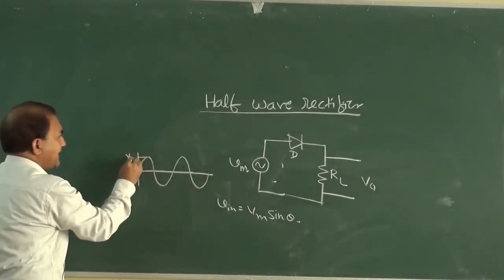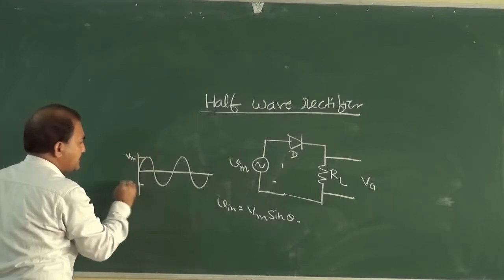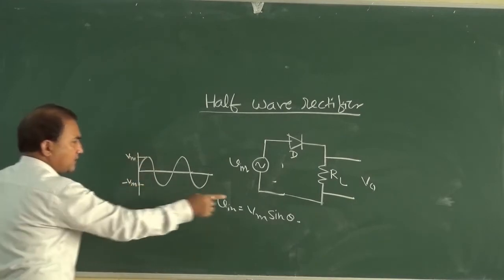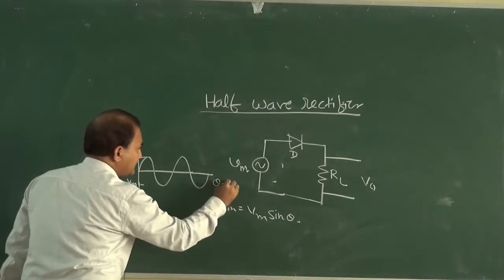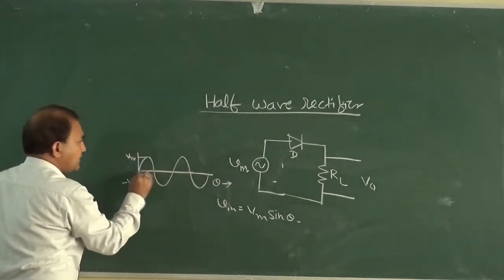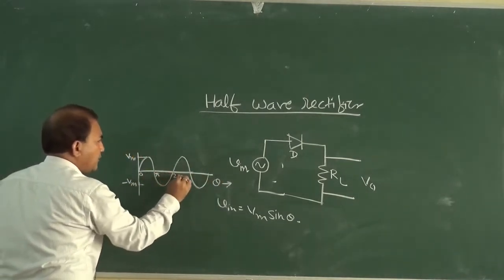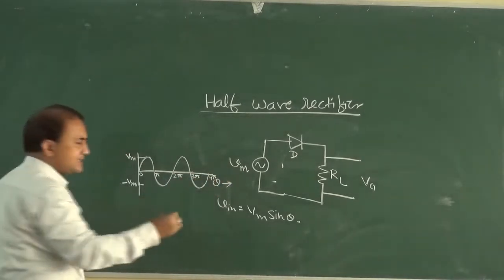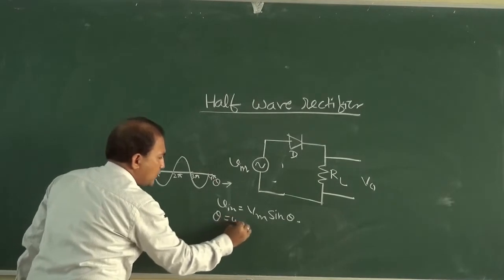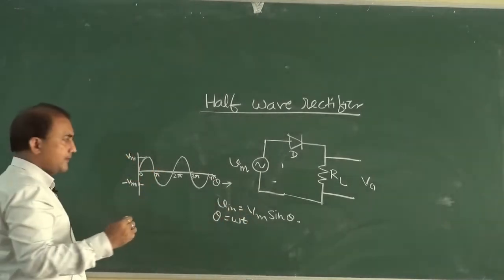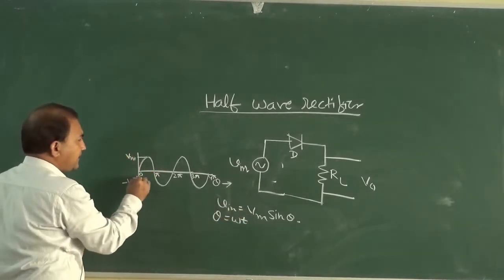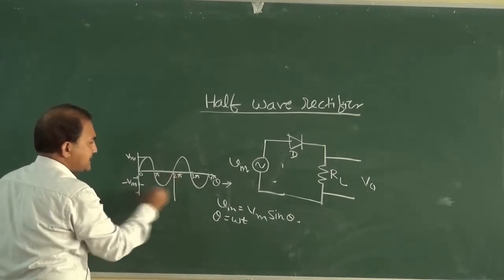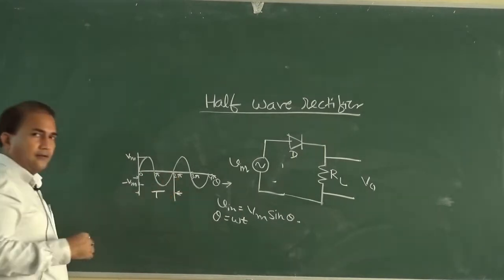Here it is Vm and it is minus Vm. Theta is this theta: 0, pi, 2 pi, 3 pi, 4 pi. Theta is omega t. And this is the time period T.